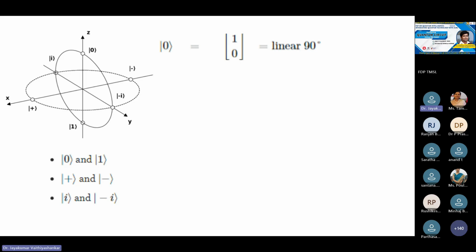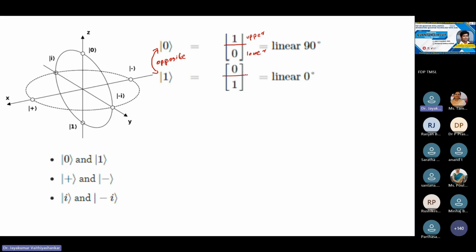Look at the second example, state 1, which is opposite of state 0. Look, for state 0 the upper component is 1 and the lower component is 0.